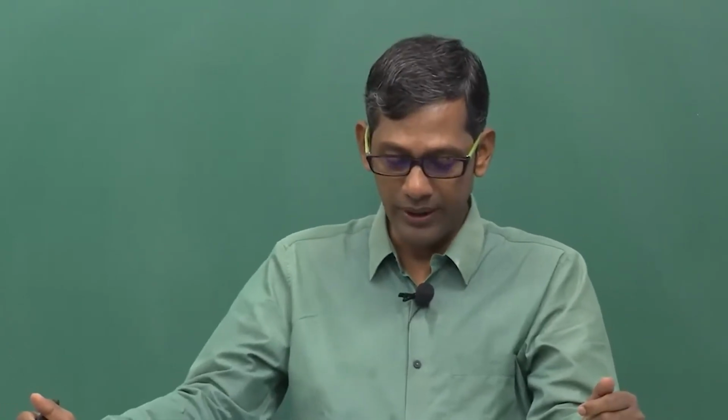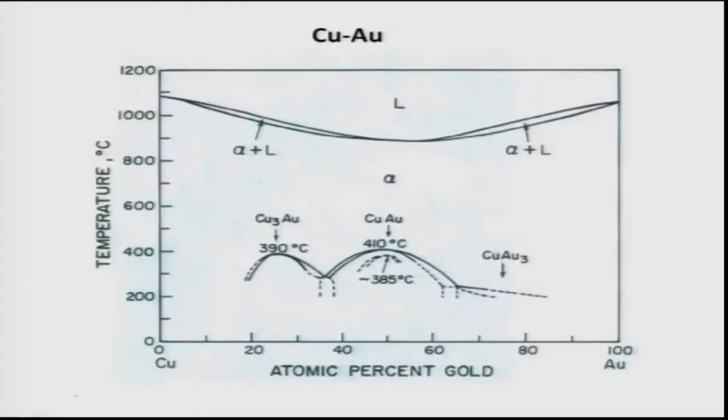And these three phases actually are intermetallics because they are compounds, but they have a solid solubility range, like Cu3Au can form from about 20 atom percent of gold to about 35 atom percent of gold.